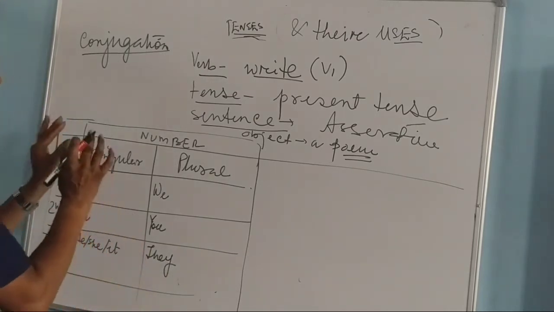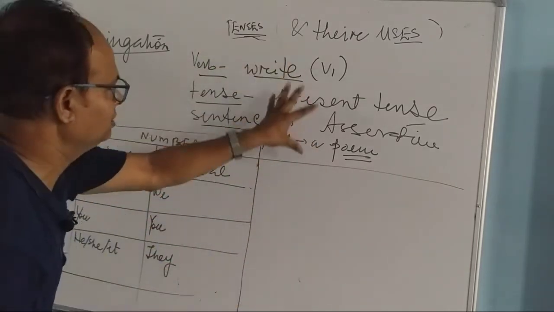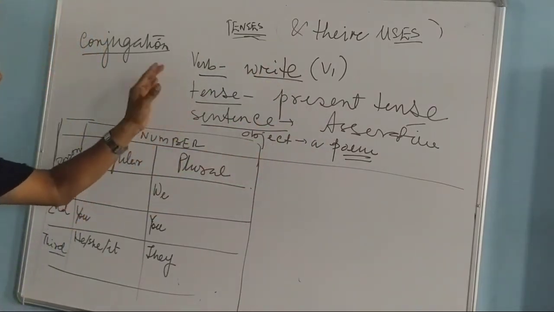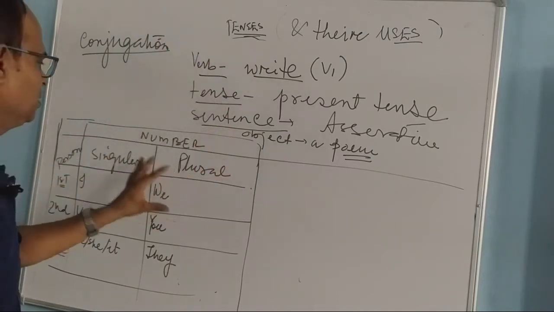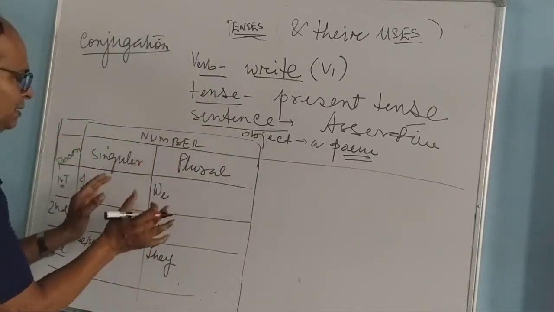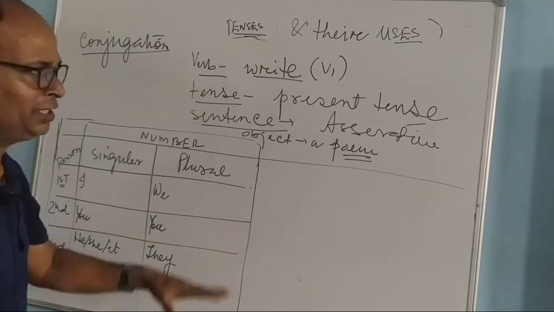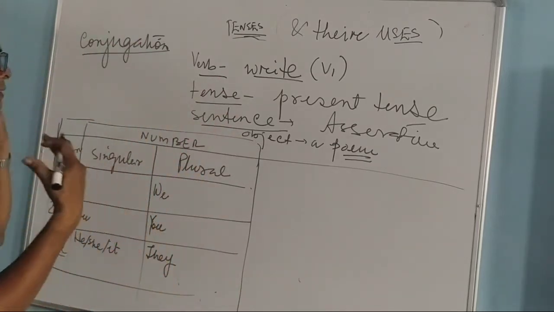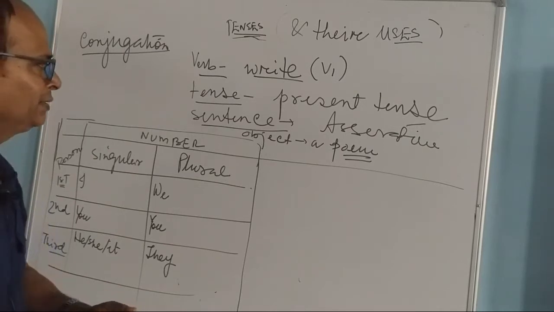Here you see, now we are going to make the sentence in this particular format. These are the resources or the materials that are in front of us, and we will be using these to fill up this blank to make the proper sentence. Then we will have the idea of how to use the sentence.